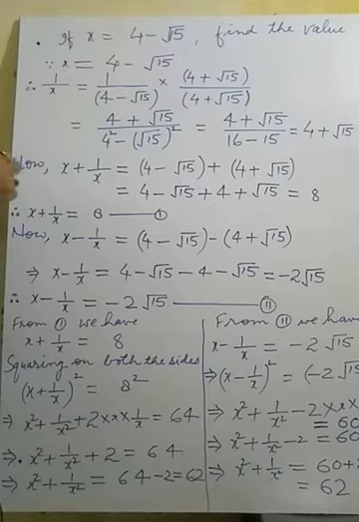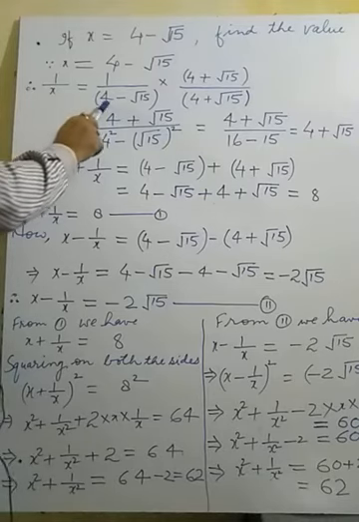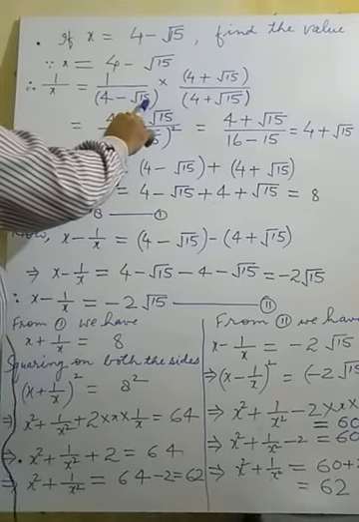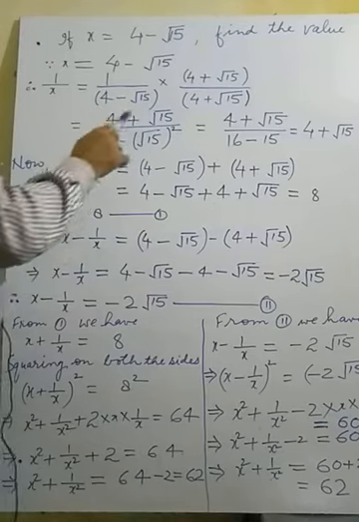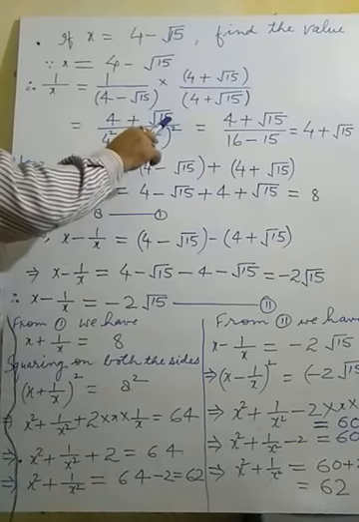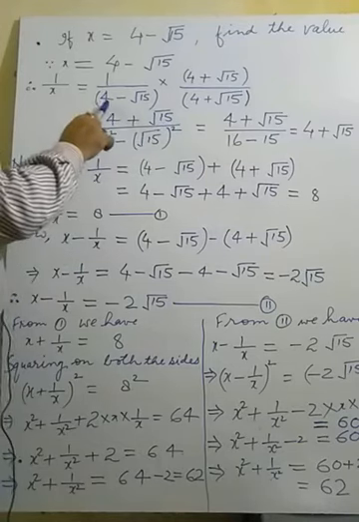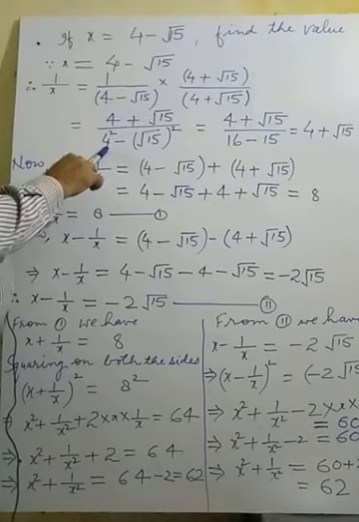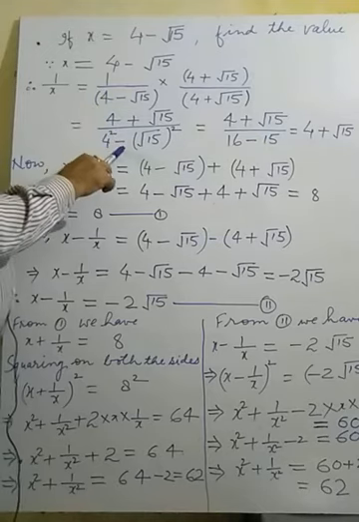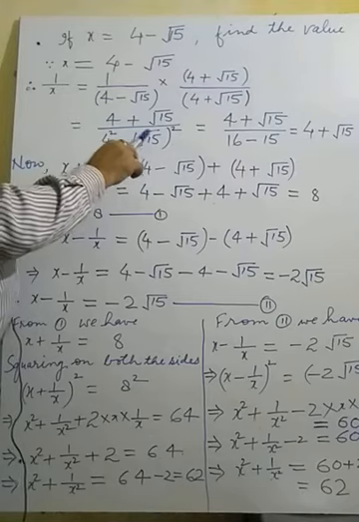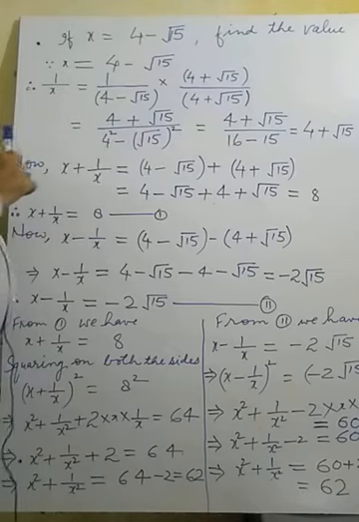X is the symbol of first term and y is the symbol of second term. This one is the symbol of first term, this one is symbol of second term. So this will be noted down 4 plus under root 15 upon square of first term. Square of first term is 4 square minus square of second term, it is under root 15 whole square.